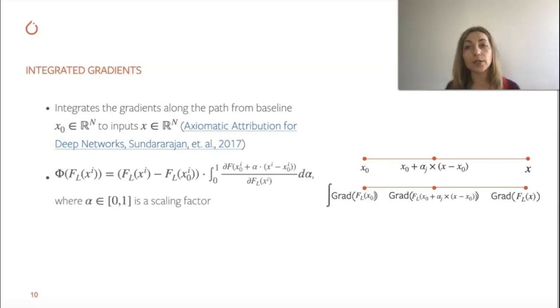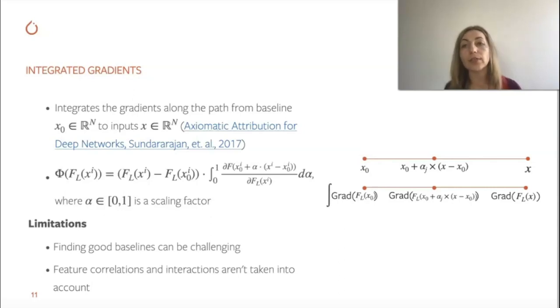Formally, the attribution phi for the neurons in layer L is the product of layer activation differences at its inputs and baseline and the integral of gradients of neurons in layer L along the straight line from baseline to input.